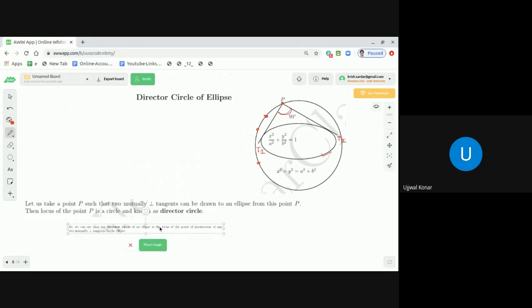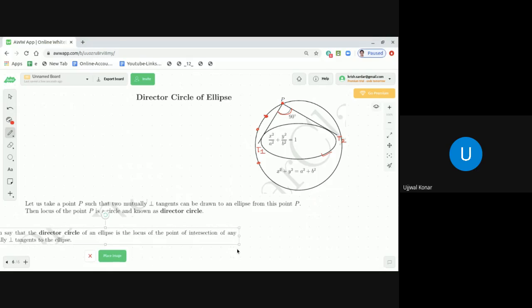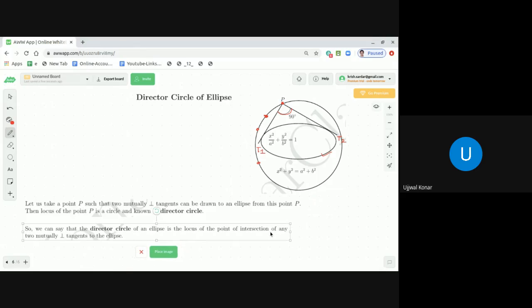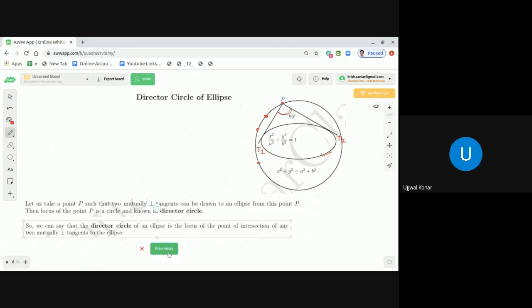We can say that the director circle of an ellipse, I repeat the statement, the director circle of an ellipse is the locus of the point of intersection of any two mutually perpendicular tangents to the ellipse. Correct?